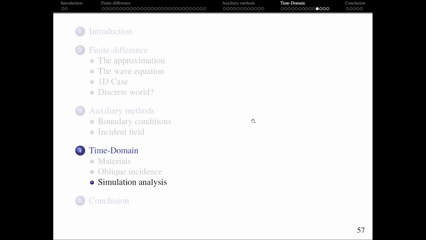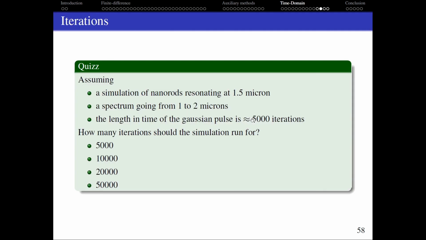Okay. Finally, let's discuss a bit about the simulation analysis issue. So we work in the time domain, and that comes with some issues. Let's look at a concrete problem. Let's say that we have in our window a structure that is made of nanorods that are resonating at 1.5 micron, and we have an analysis spectrum that goes from 1 to 2 microns.